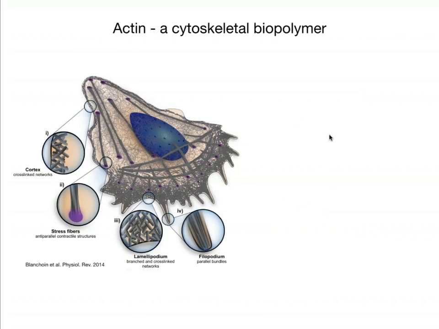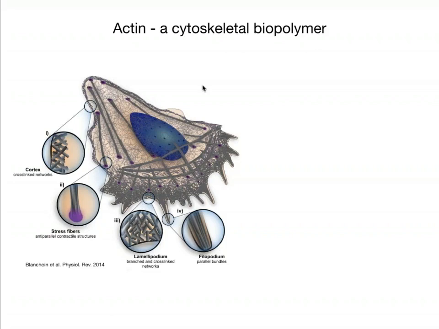Actin is a major component of the cytoskeleton, and it can be found throughout the cytosol, where it forms all kinds of different structures that give the cell shape and help its movement. As you can see here, for example, you can find it as filaments at the leading edge of a migrating cell, where it protrudes the membrane forward with this lamellipodial network, or you can find it in structures called stress fibers, which the cell uses to retract its rear during migration or to attach itself to the extracellular environment via focal adhesion.